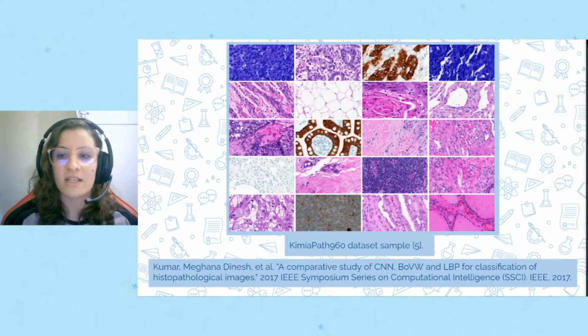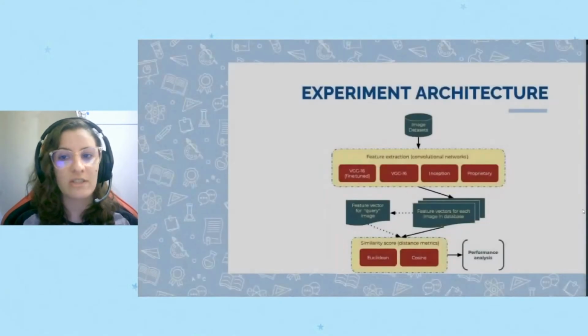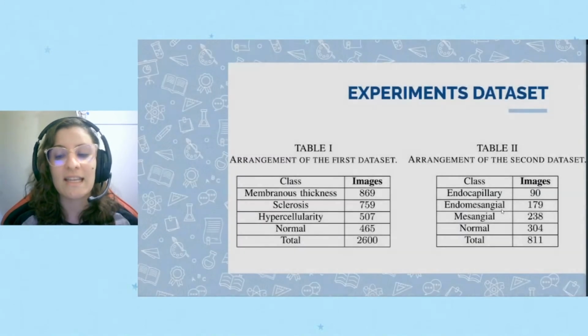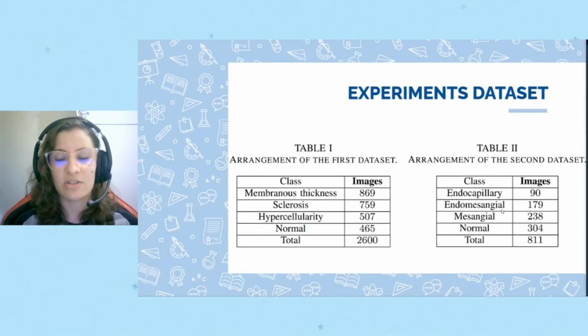We performed experiments to measure the performance of the system in two different contexts, both using the architecture described in the figure. In the first experiment, we evaluated the performance of the system using a dataset with different types of glomerular lesions. They are relatively easy to distinguish.